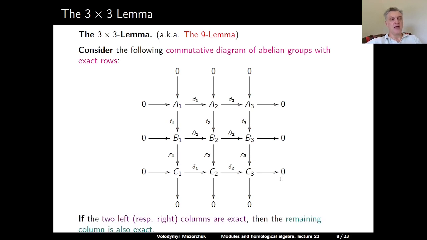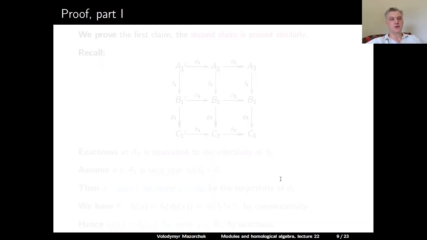The claim: if we assume that the two left columns are exact, then the remaining right column is also exact. Similarly, if we assume that the two right columns are exact, then the remaining left column is also exact. And of course, we will prove only the first claim, and the second claim is an exercise.